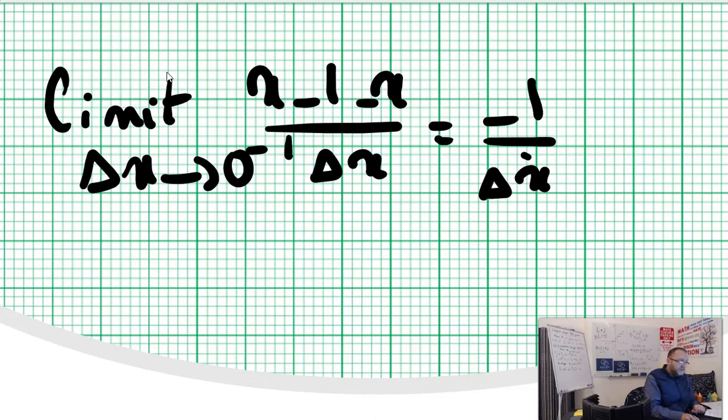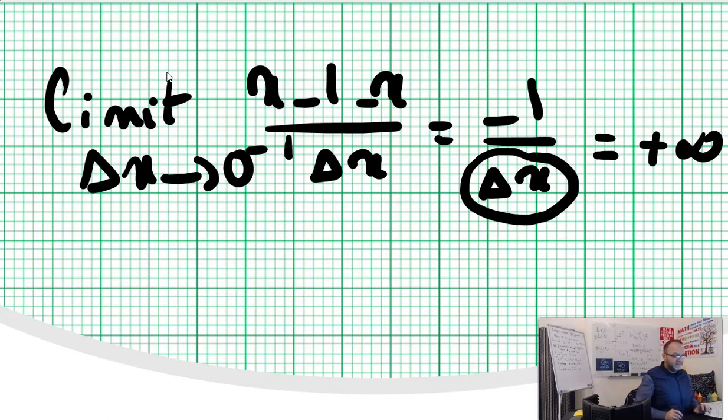So this is a very small negative value, and the numerator is minus 1. When you take minus 1 and divide it by a very, very tiny negative value, what do you get? You get plus infinity. Again, you need to conceptualize it. This is what we're doing here.